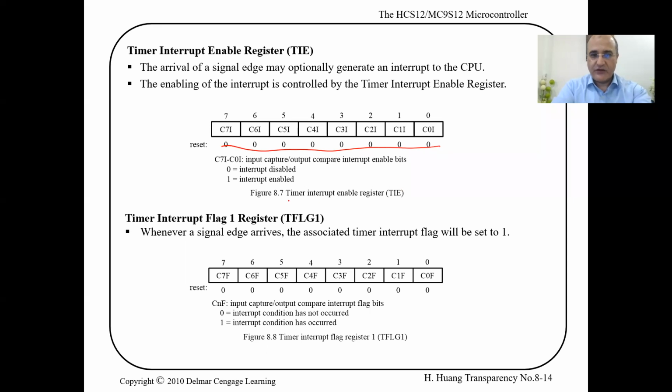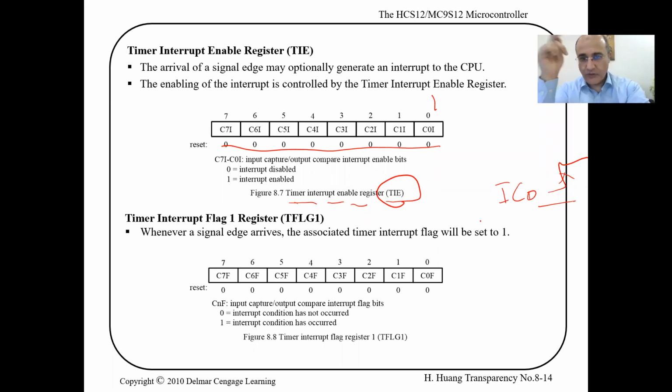These are enabled or disabled through 8 bits in a register called the TIE register, timer interrupt enable register. So if you write a 1 here, this means if an edge is going to arrive on input capture or output compare for channel 0, this will cause an interrupt. And this will send the program counter to the code you wrote in the interrupt service routine for input capture channel 0.